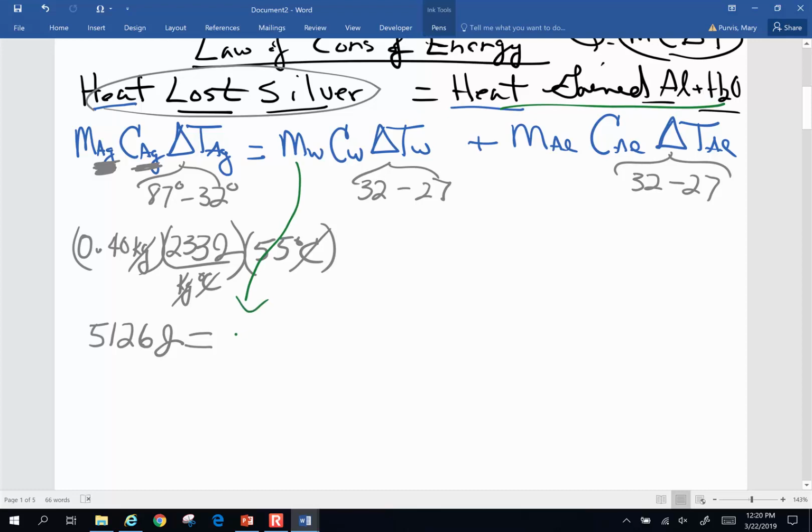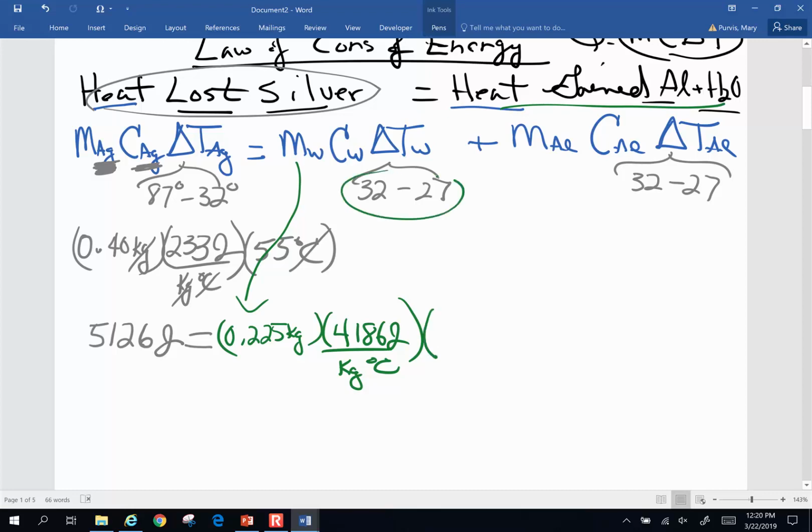Mass of the water, we are told we have 225 grams, so 0.225 kilograms. Specific heat of water, 4,186 joules per kilogram degree Celsius. Where did that number come from? From your constant sheet or looking up the specific heat of water.